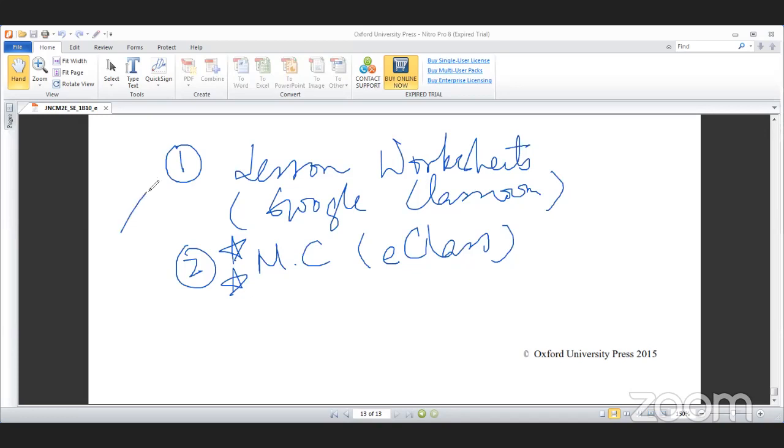Two kinds of homework. You check Google Classroom. Finish all the work that you haven't finished. Not only chapter 10. 10A to 10C. 10A, 10B, and 10C. There are 3 sets of worksheets for chapter 10 only.